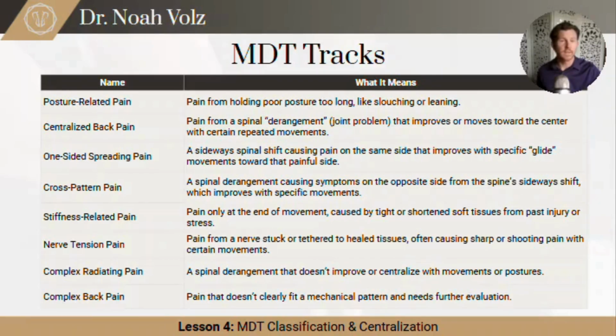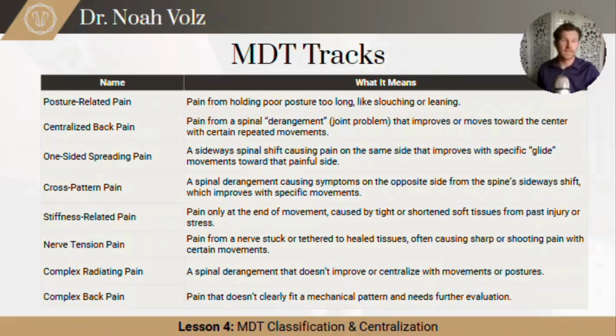And this is one that doesn't improve or centralize with movements or postures. So if you went through that screening and nothing really changed, then you most likely have the complex radiating pain. And there is something that we can do about that, but this is a slightly more difficult one to work with and takes slightly more time than a lot of the other ones.